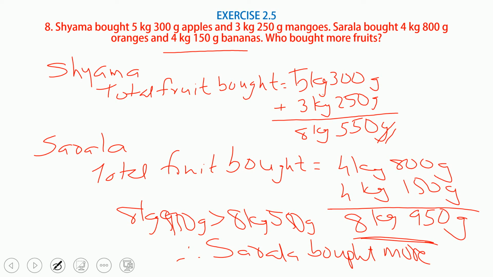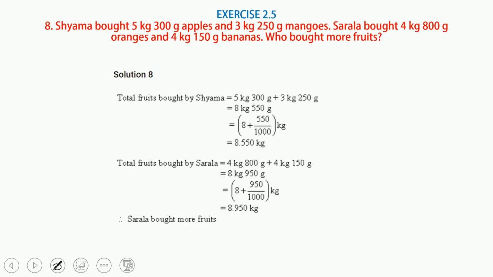Like this it is. Understand how to add? Fine. Now this is the answer. We can add like this.